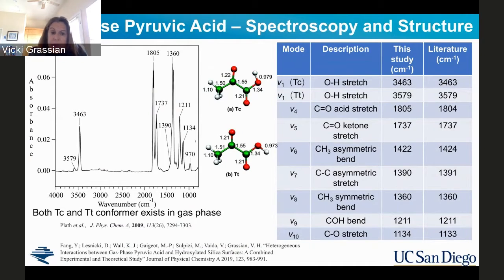What I want to tell you is all these calculations that I'll be talking about today were done by my collaborators, Marie-Pierre Guéchou, Marie-Laure Zulpisi, and also Dominika Lesnicki, who was a postdoc of Maria Lore. So I just wanted to tell you they did the calculations. So we see that these exist in the gas phase.